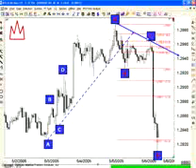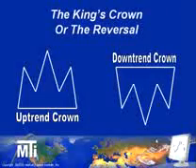4 and 5, draw the new downward trend line. After the market does its reversal, then your thought process needs to go down A, B, C, D's. You get it? And during this whole process, it looks like a crown.